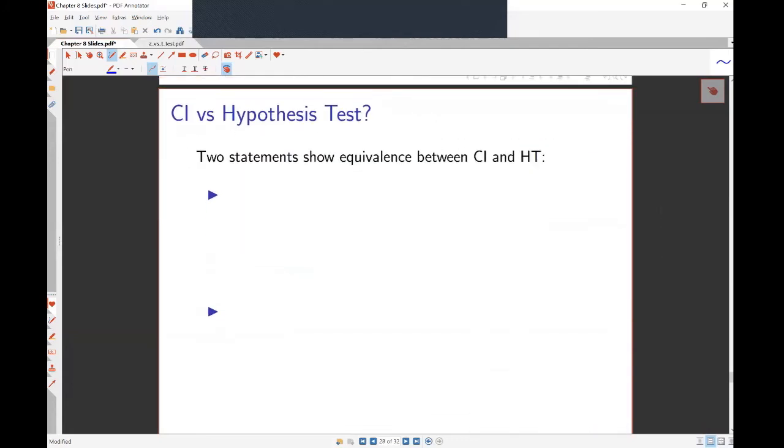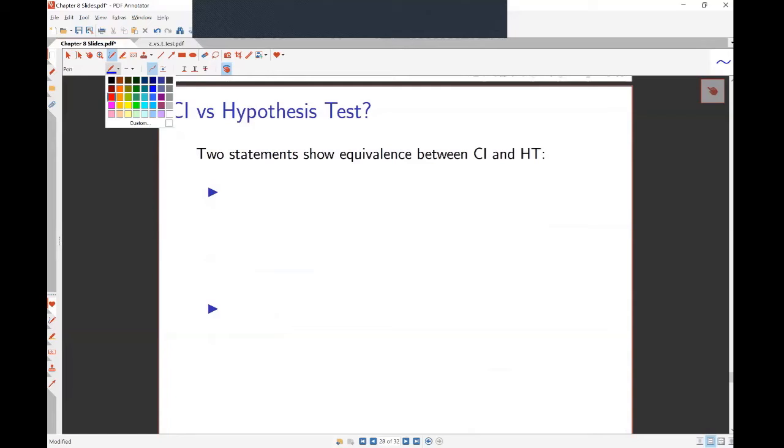Well, there's an equivalence here that generally holds up.